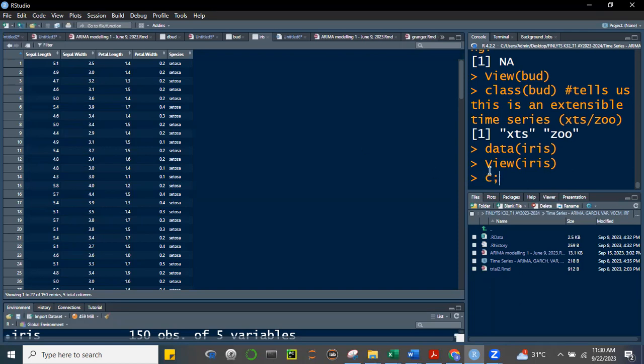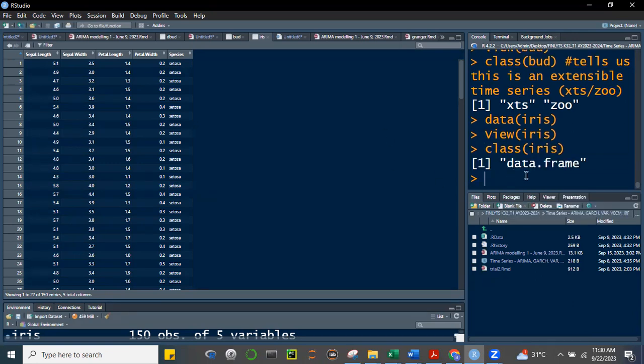If I type class iris, this is a data frame. And a data frame is an important data type in R because if you're not working with a time series, this is the way to go.